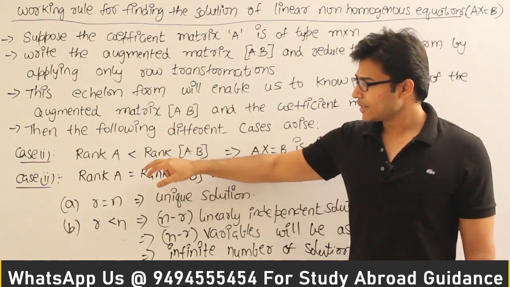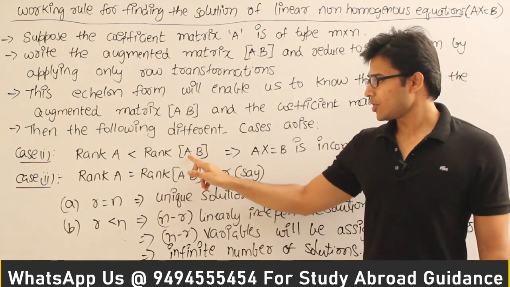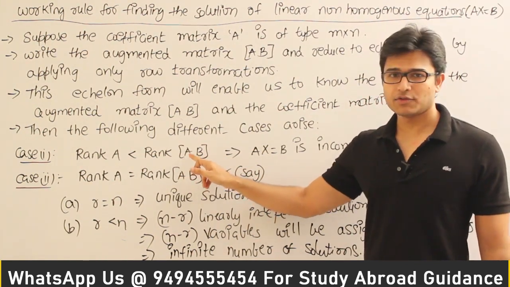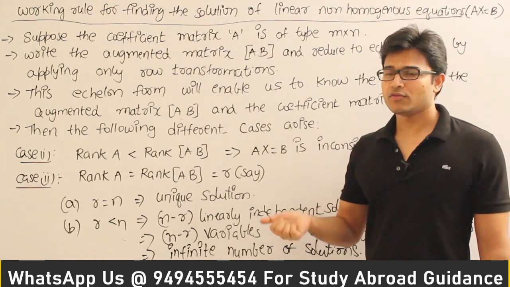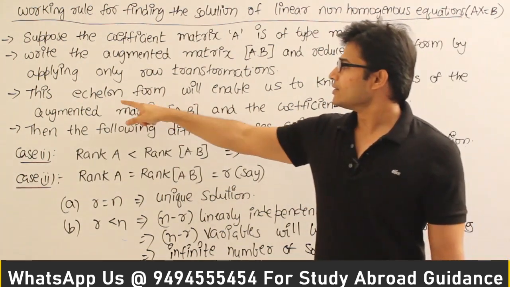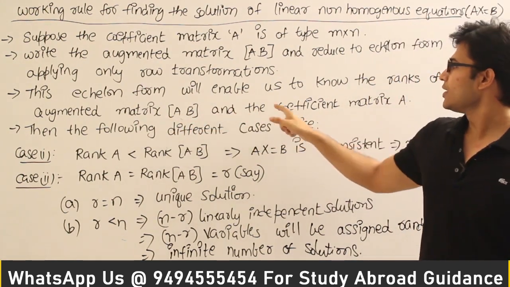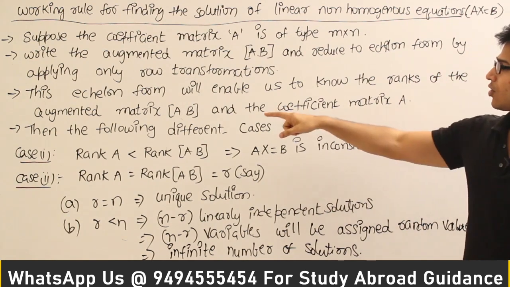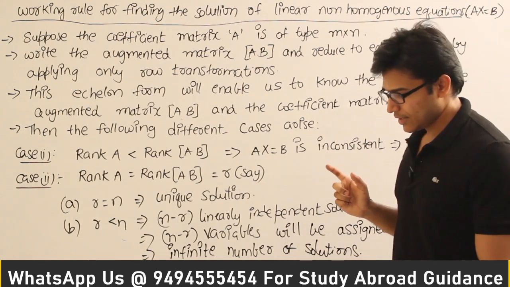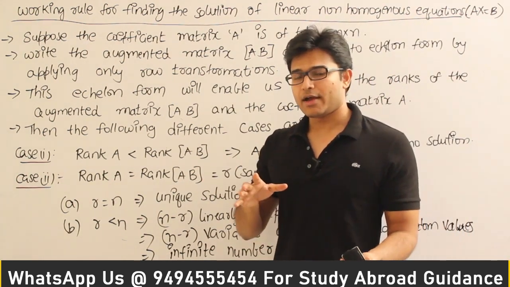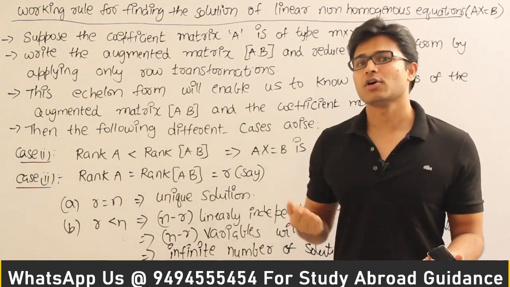So what I mean to say is, once you convert [A|b] to echelon form, in the same form you are actually finding out the rank of A as well as the rank of [A|b]. This echelon form will enable us to know the ranks of the augmented matrix [A|b] and the coefficient matrix A. It means that once you convert the augmented matrix to echelon form, you need not do it again for the coefficient matrix.